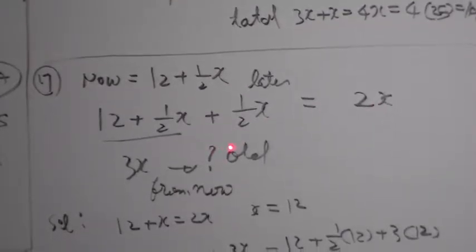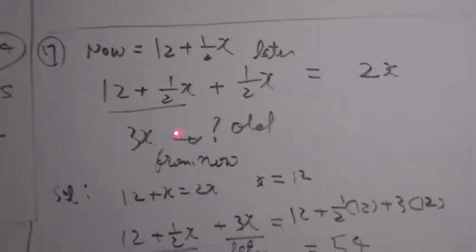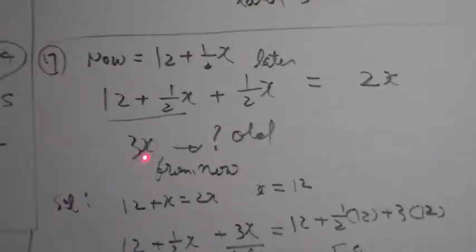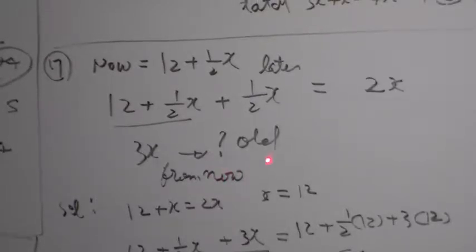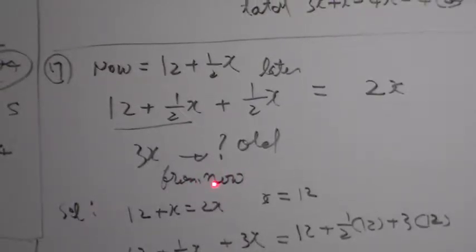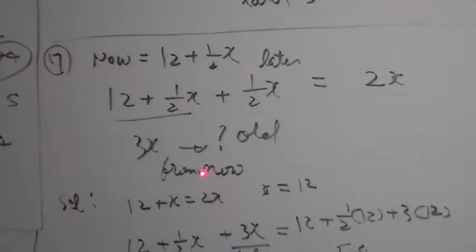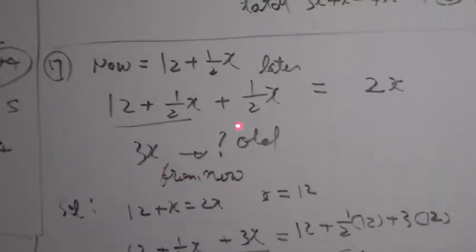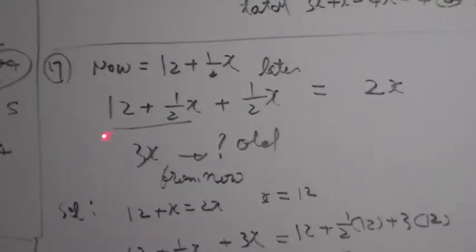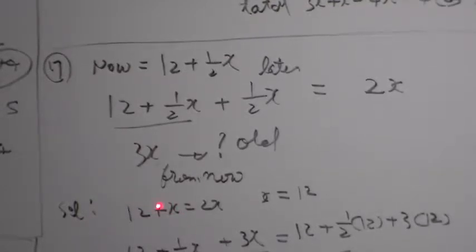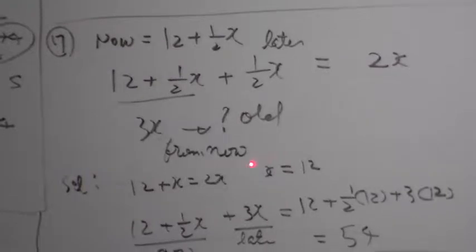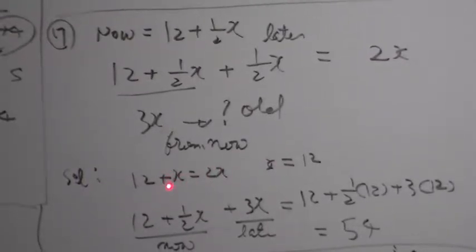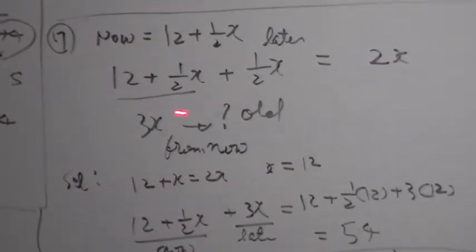Then the question is 3 years later from now. How old? Make sure it is from now, which means you have to add it. So from this equation, 12 plus x is 2x, right? x is 12. Okay. Now we're going to add together.